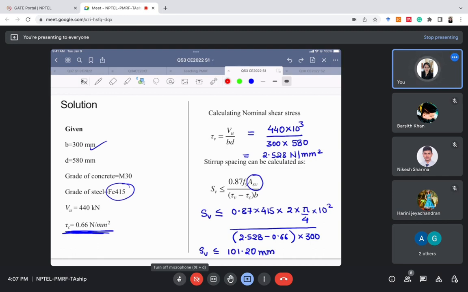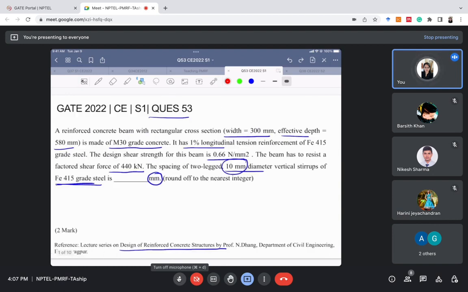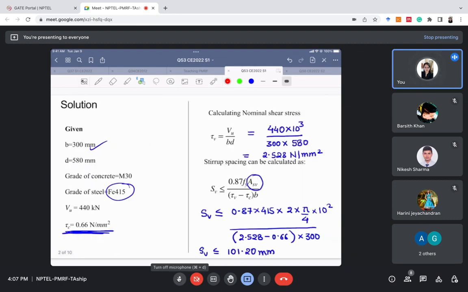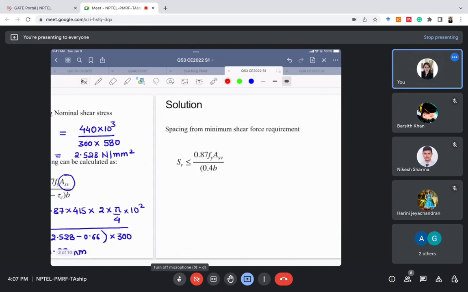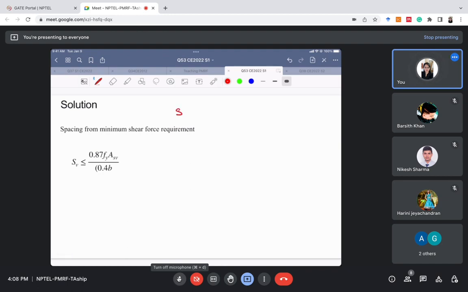So the answer, Sv should be less than 101.2, since we have to round it off to the nearest integer. So I'll give Sv as 101 mm. I think the range was 100 to 103, something like that in the key. Also, although this step is not required here, we can also check for the minimum shear reinforcement requirement.